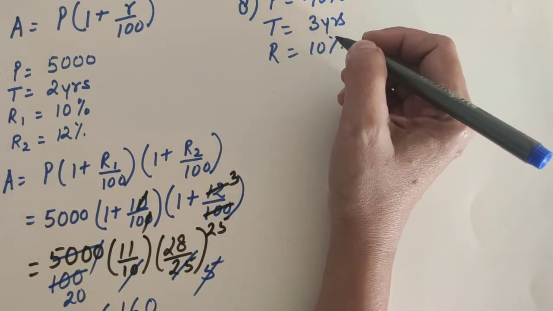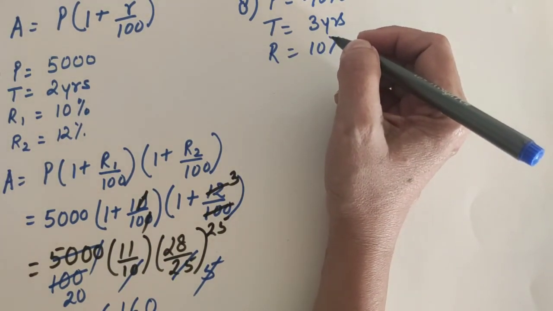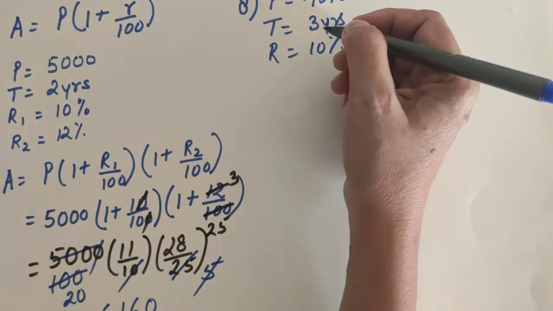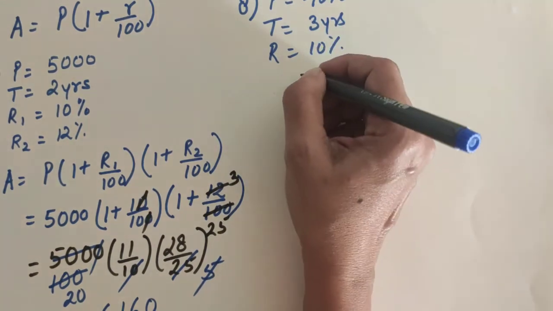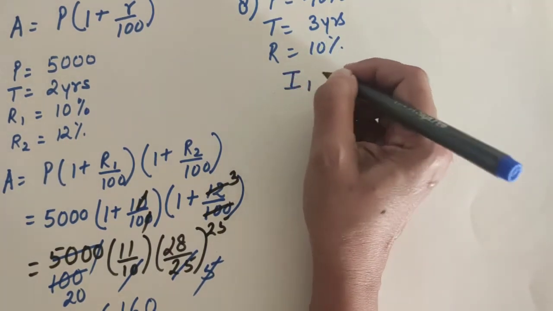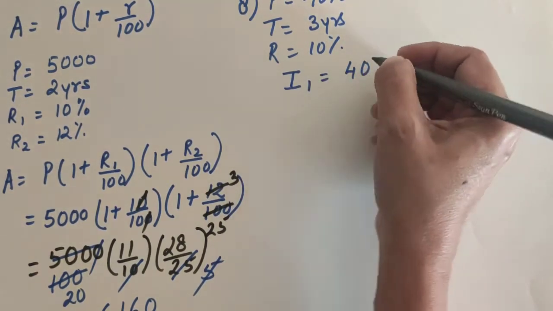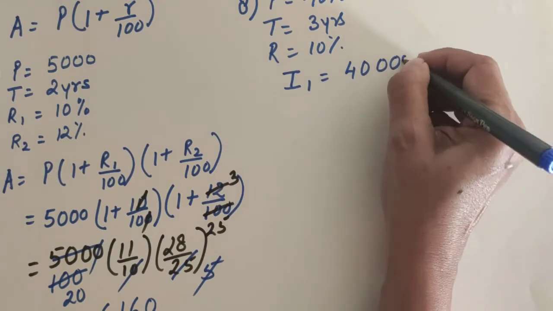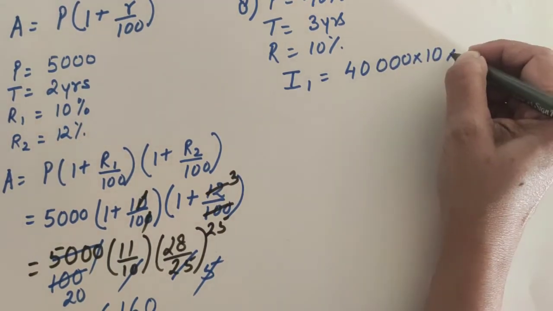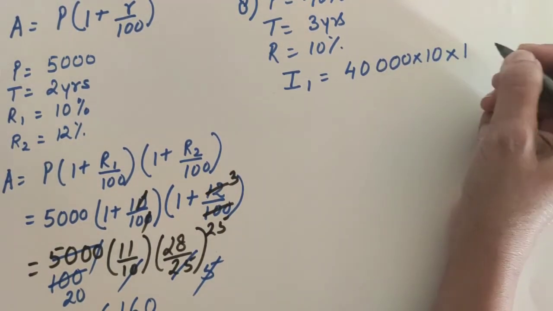Now it is asked for the second year how much is the interest paid. So first we need to find the interest paid for the first year, which is I1, and the formula is PRT upon 100. Don't use 3 for time, it is 1.